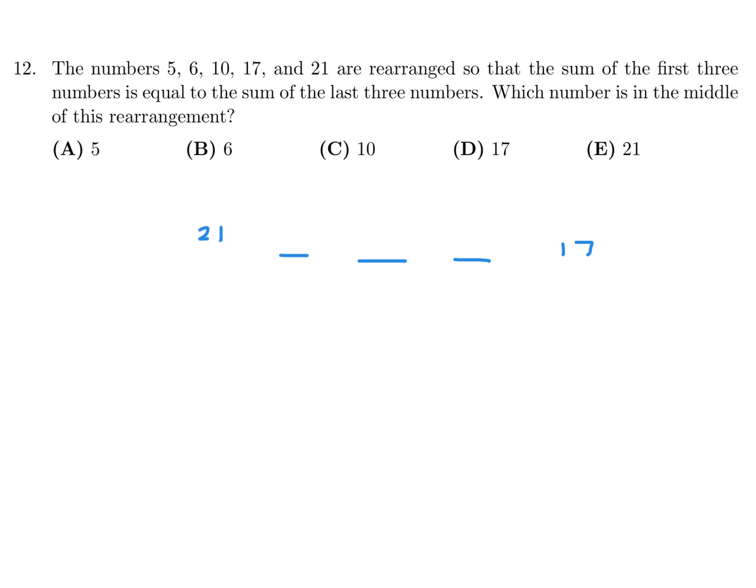Okay, well, those 2 are gone, so I want the sum of these 3 to be equal to the sum of these 3. Well, these 2 numbers differ by 4, and these 2 numbers differ by 4. So if I can use that fact, I'll be able to deduce that the 10 could go here, and the 6 could go here.